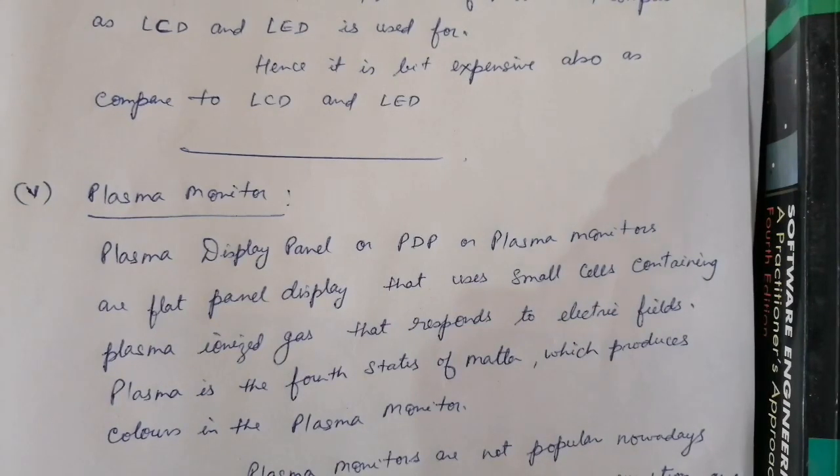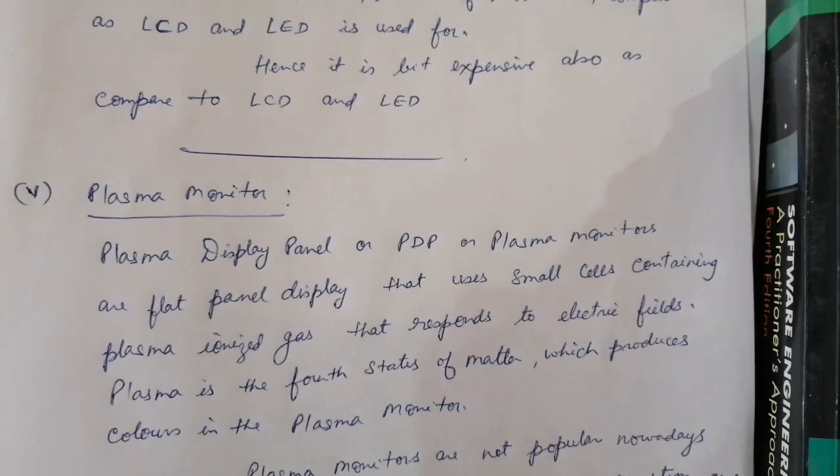And in a plasma display, each pixel on the screen is illuminated by a tiny bit of plasma, which is charged gas, and this plasma is the fourth state of matter, right? Plasma, the fourth state of matter, produces colors in the plasma monitor.